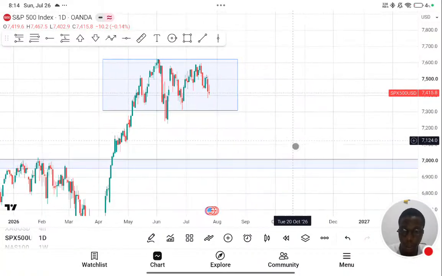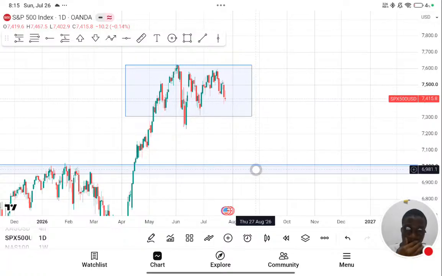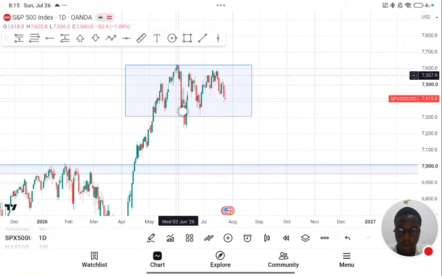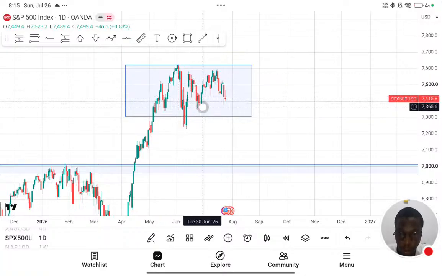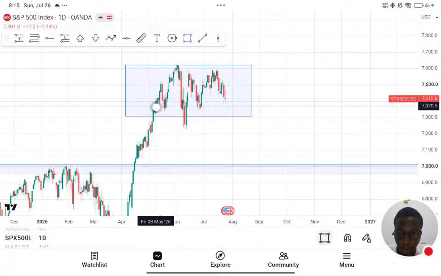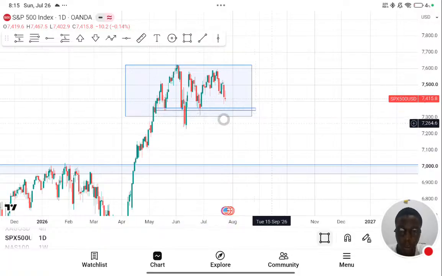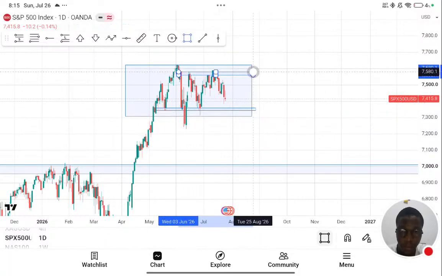It's just been ranging, but it's looking more bearish than bullish, right? Because it's neither making a higher low, it made a new low, came back, failed to make a new low. So this is how you know a ranging market. It's neither making new highs. It came back up here, it couldn't make a new high again.